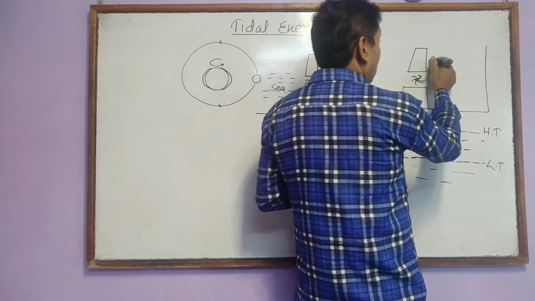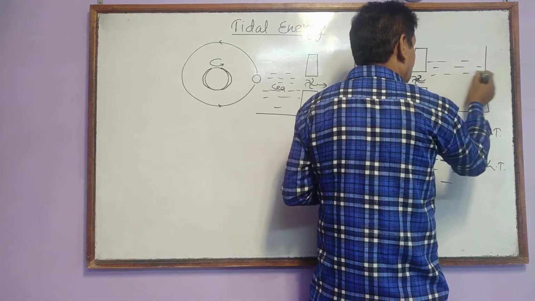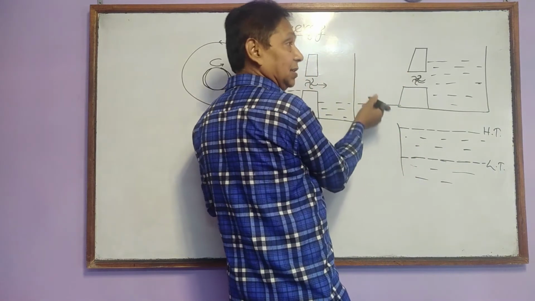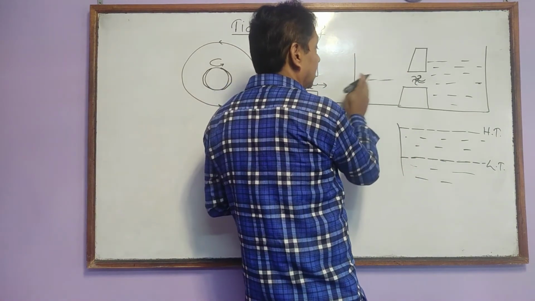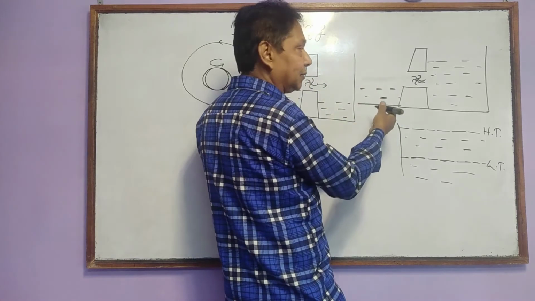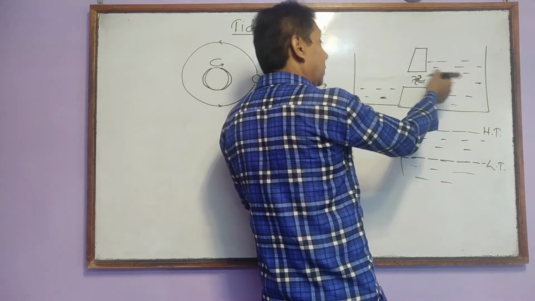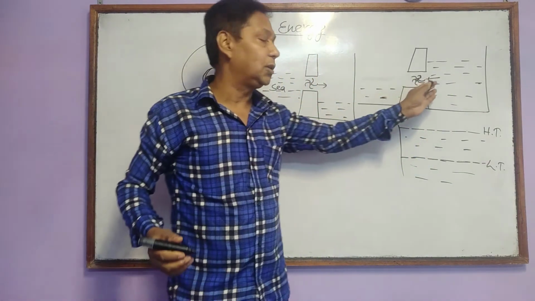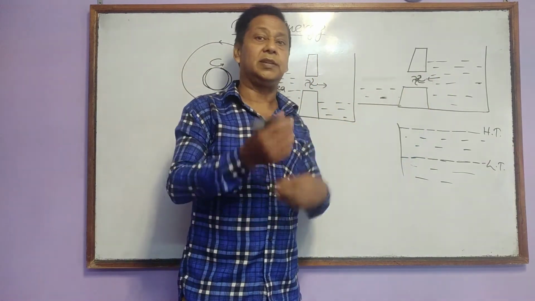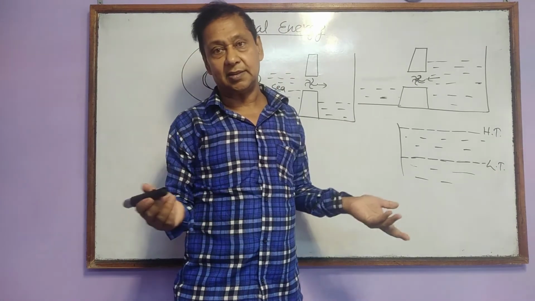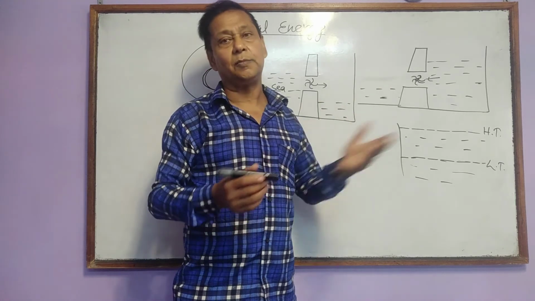Now, level of water is high in reservoir because it is filled by high tide. And when low tide comes in the sea, level of water goes down in the sea. And at this time, the same water which is filled in reservoir comes back to the sea. At this time also it rotates turbine, and rotating turbine runs generator, and generator produces electricity. This way tidal power plant works.